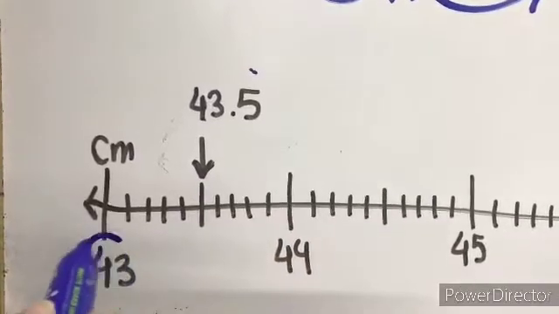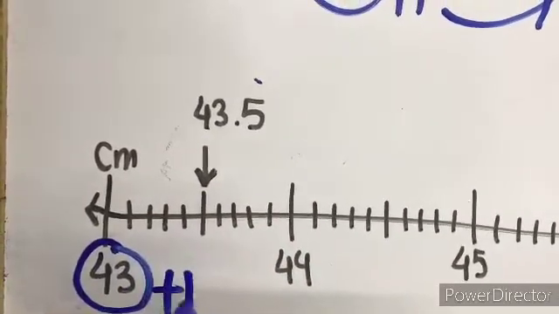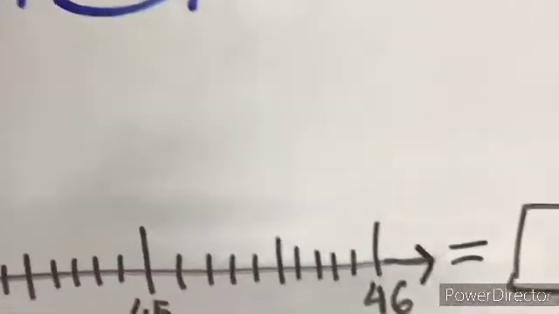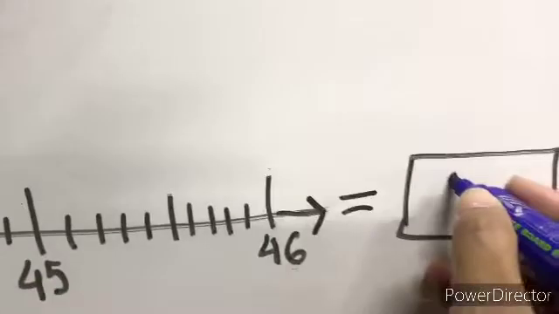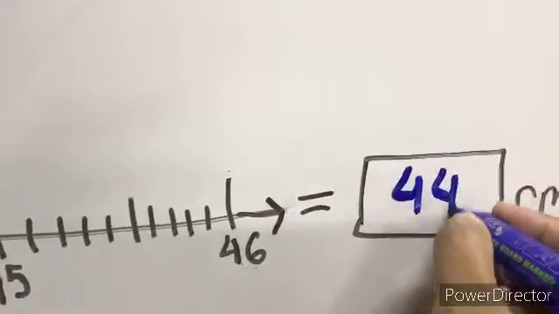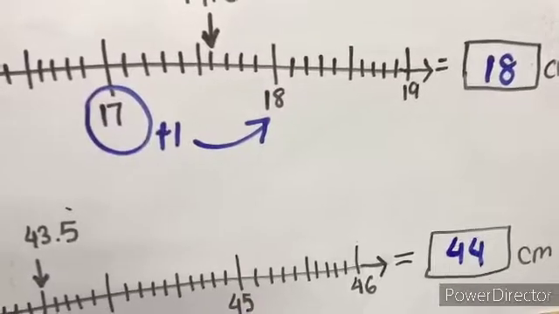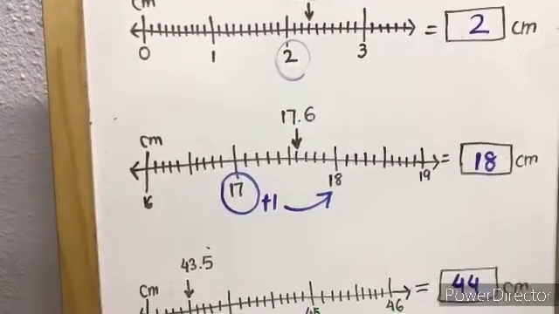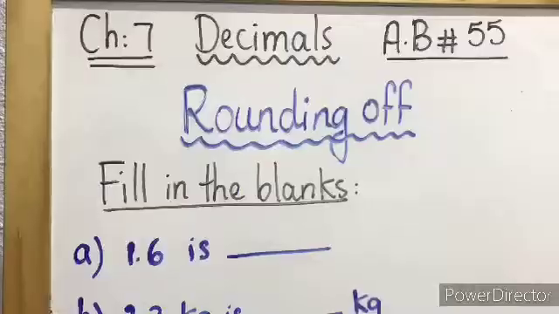It is 43. We add 1 and it becomes 44. So we will write 43.5 is equal to 44 centimeter. Please write your answers neatly in your activity book.